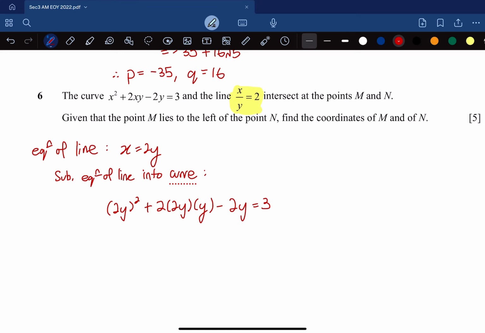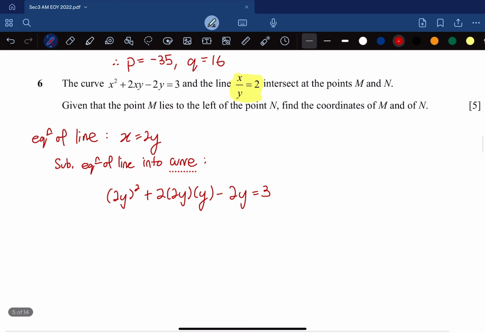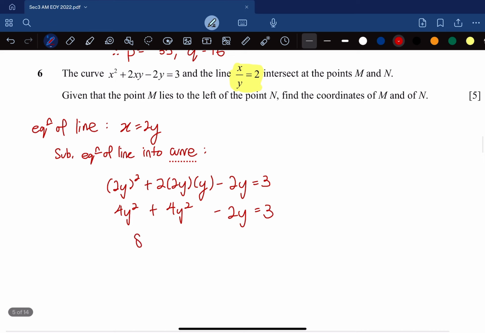So I just expand and simplify. I will get 4y squared plus 4y squared minus 2y equals 3. Simplify everything, then I shift to make the right hand side equal to 0. I'll get 8y squared minus 2y minus 3 equals 0.